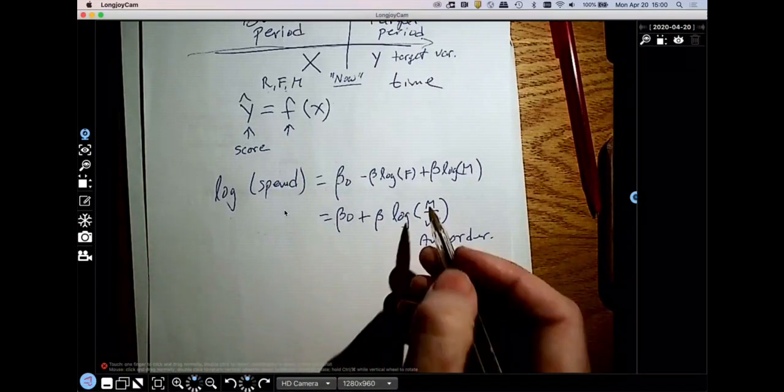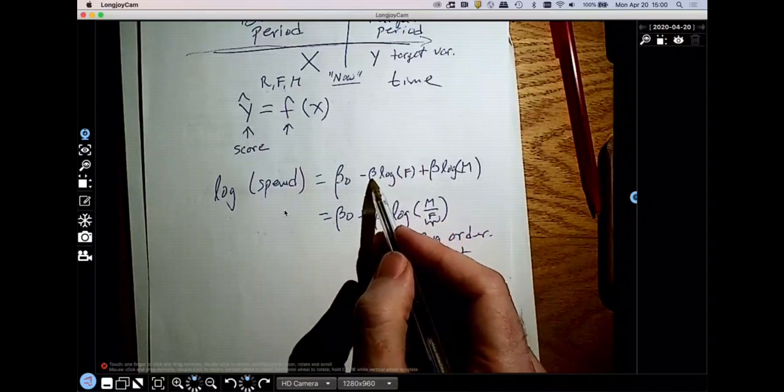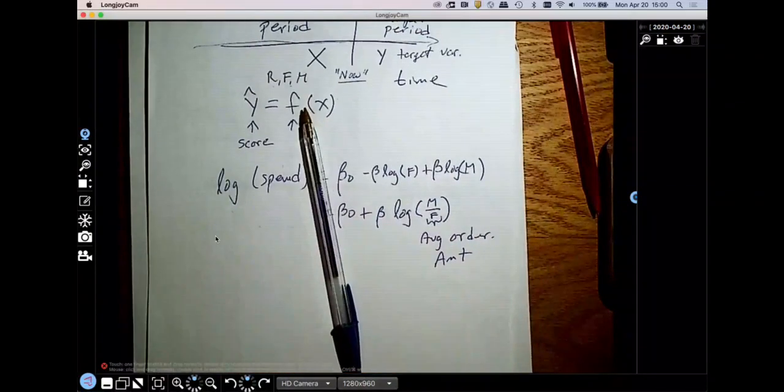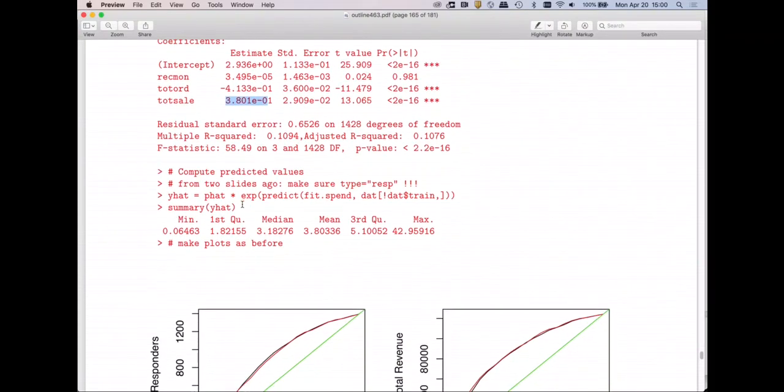And that's why frequency often has a negative slope that's roughly the same magnitude as the monetary one, because when you have these log scales, it's really computing an average order amount, which you could include directly.